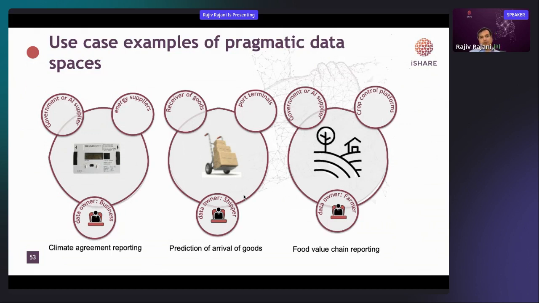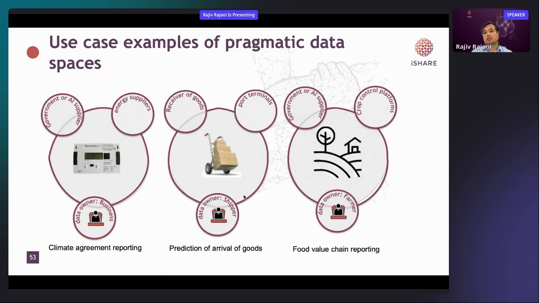So that's one example. The other example, of course, is prediction of arrival of goods. In spite of so many technological advancements, we still struggle a lot with the estimated time of arrival of goods, especially in international transport, basically. So we'll see how iSHARE helps a lot of these participants in improving that process. Of course, another example can be food value chain reporting.